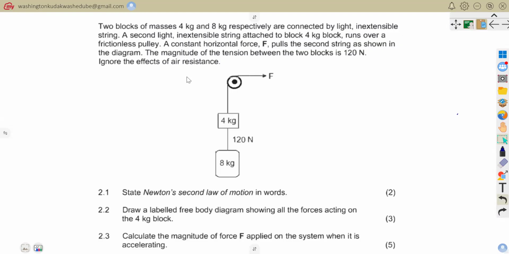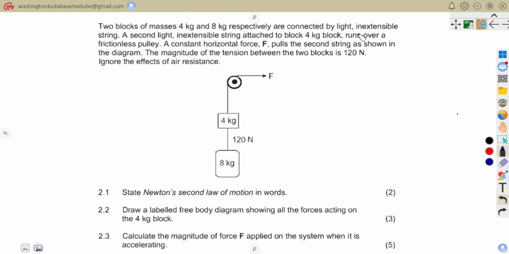So this first question was saying: two blocks of masses 4 kg and 8 kg respectively were connected by a light inextensive string, which is between the 4 kg block and the 8 kg block in the diagram. And then a second light inextensive string was attached to the 4 kg block.